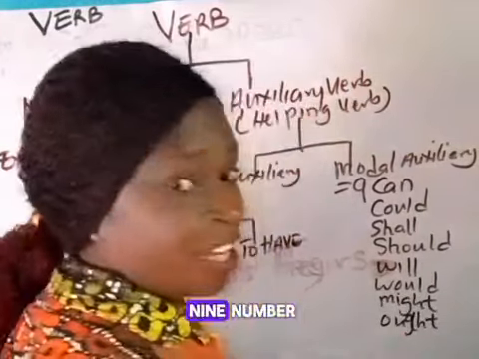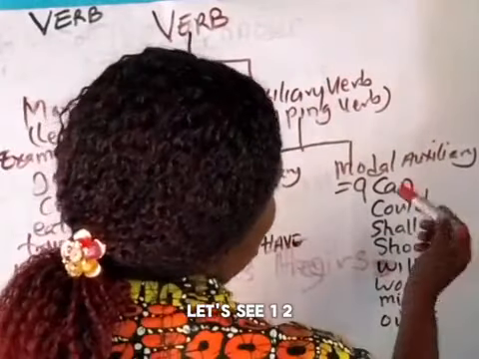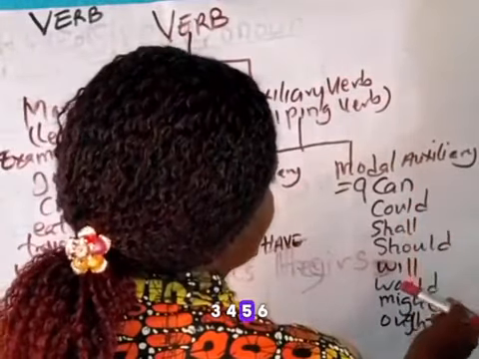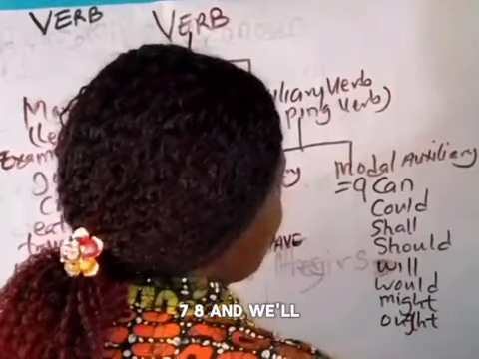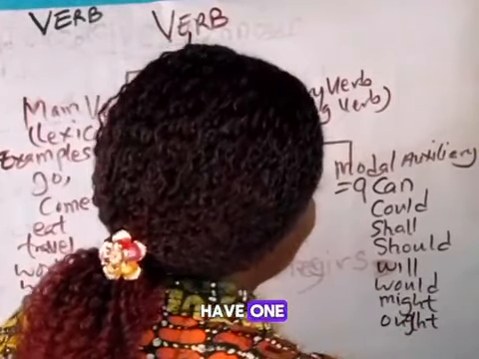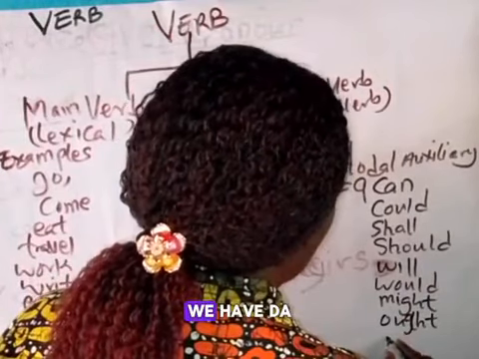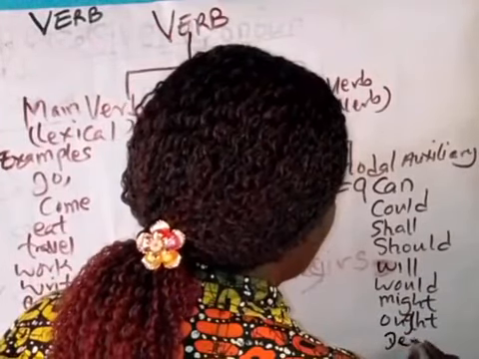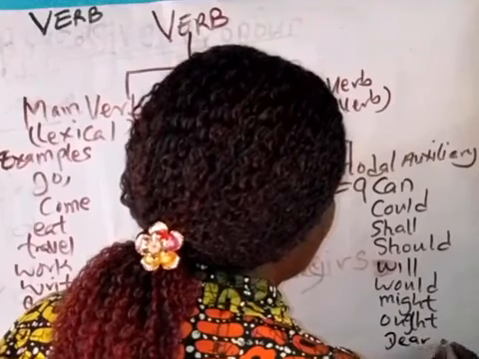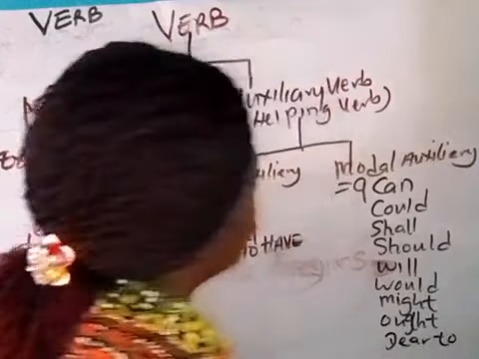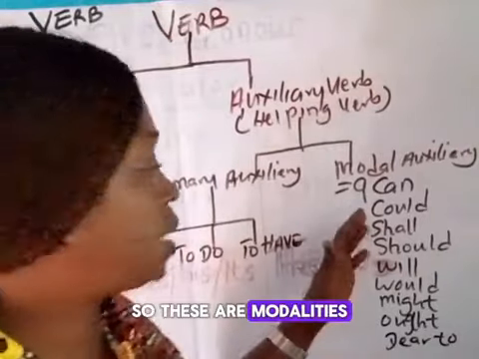So I said there are 9 in number. Let's see. 1, 2, 3, 4, 5, 6, 7, 8. And last but not the least, we'll have dare to.